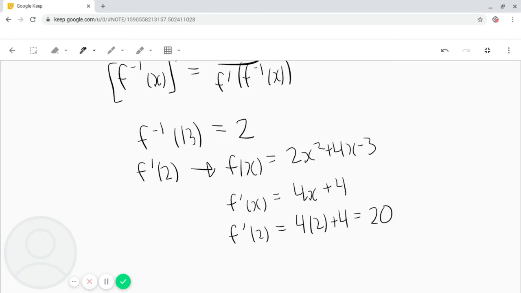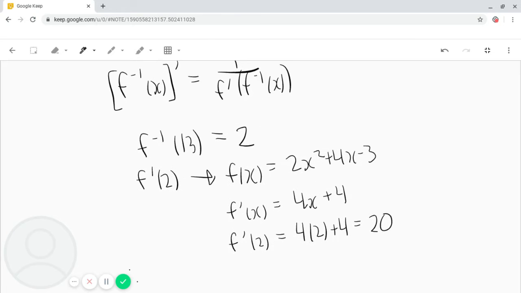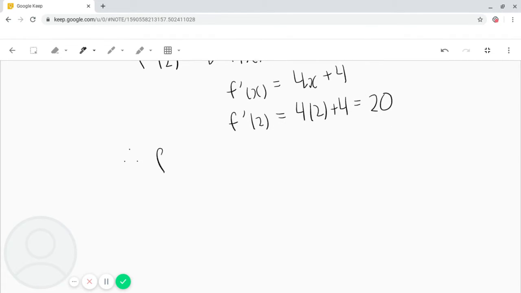So then we have basically solved it. So I can say therefore the derivative of the inverse of f is 1 over 20 at x equals 13.